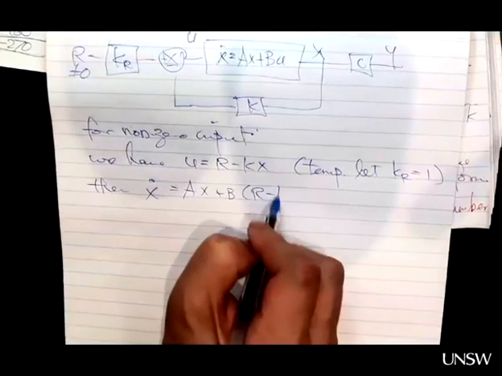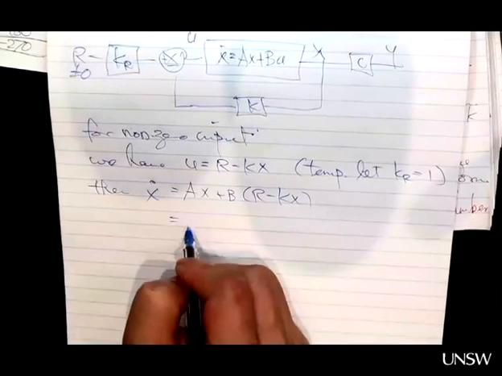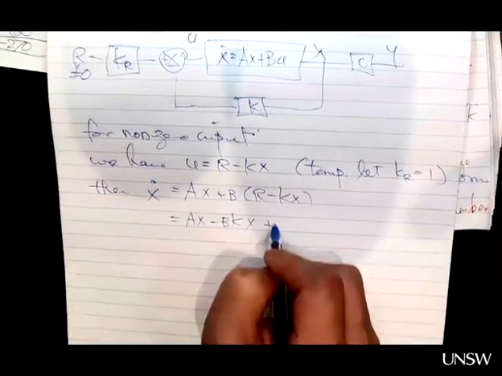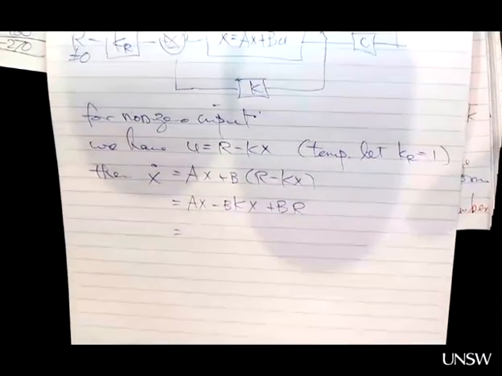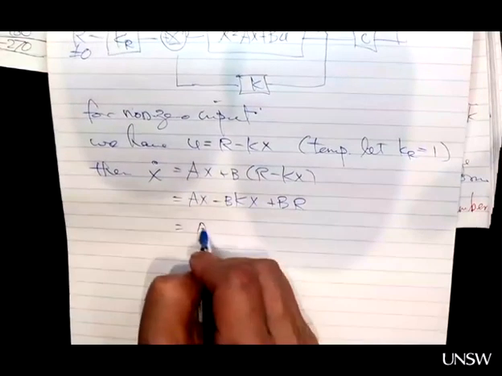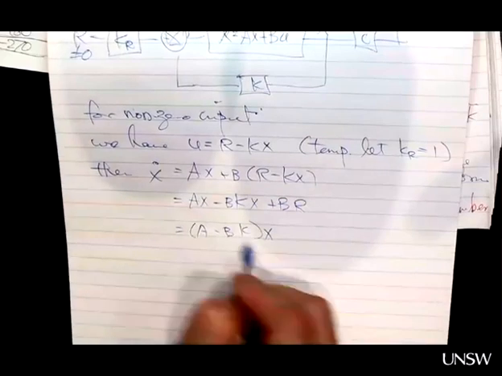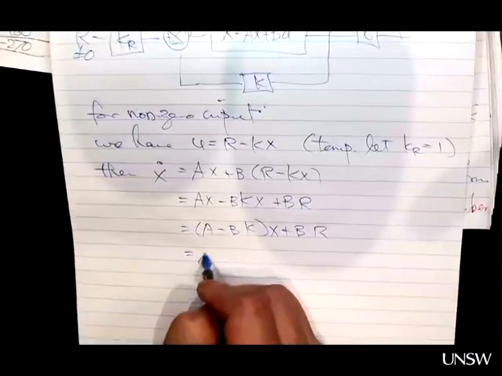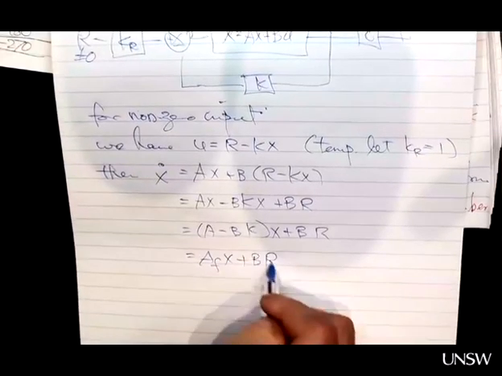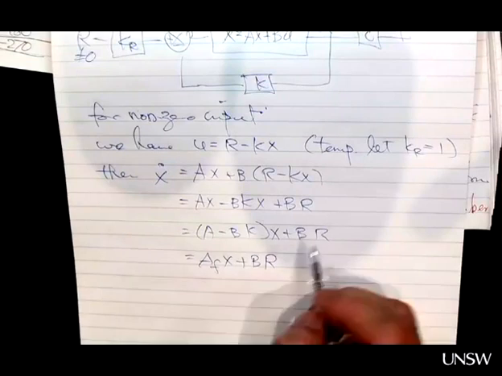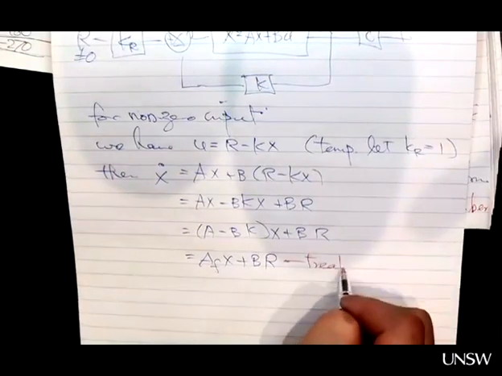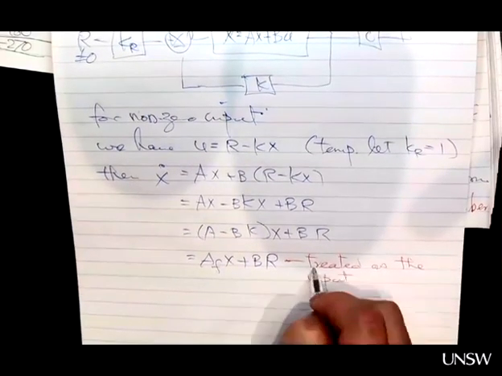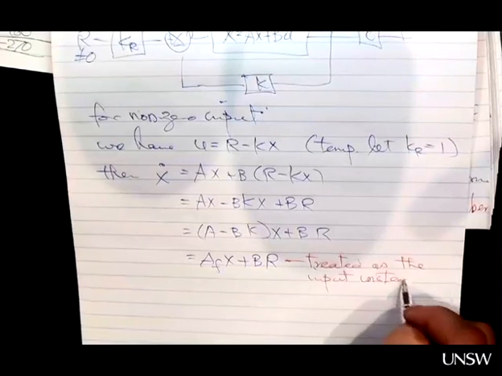So it is Ax minus BK of x plus B R. Then it equals the feedback system plus B R. So it is treated as the input instead of the U.